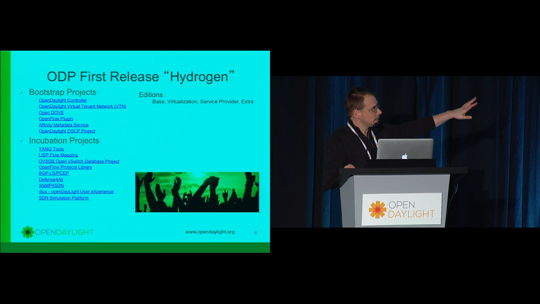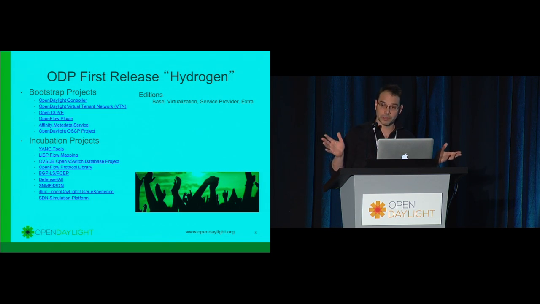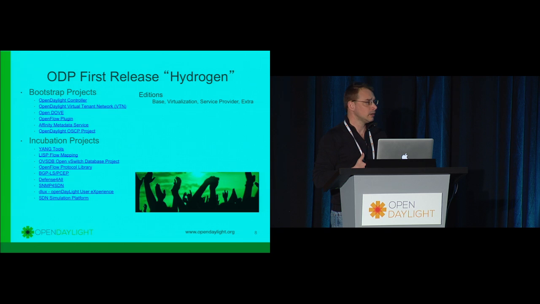And then there are some other examples of projects which are in various states and conditions. Any of these projects, all of you in the room can actually contribute to, and I encourage you to look at them. I also have a slide about the different editions I mentioned.